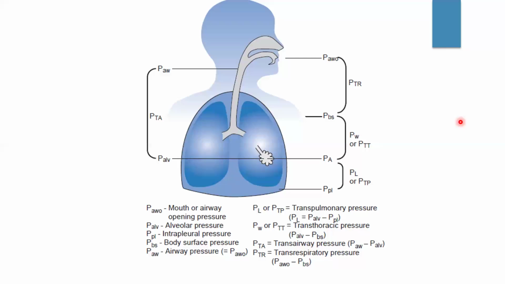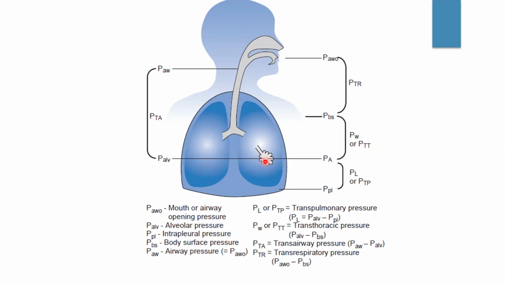This is the diagram that is showing the pressures. Hope you can see this. First, see this pressure at the opening of the airway. This airway opening. And thus we have an airway pressure, PAW, also the airway pressure. Both these are almost the same. We take it that in a spontaneously breathing patient, it is the atmospheric pressure, that is zero. Then next we have this airway, and at the end of it we have the alveoli.